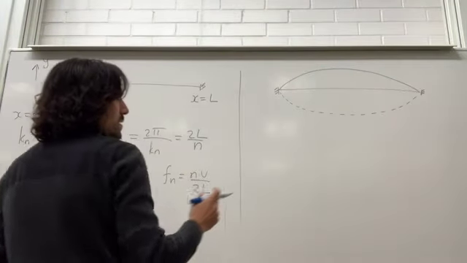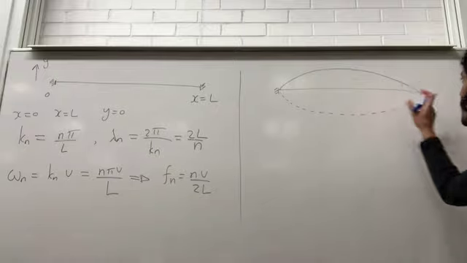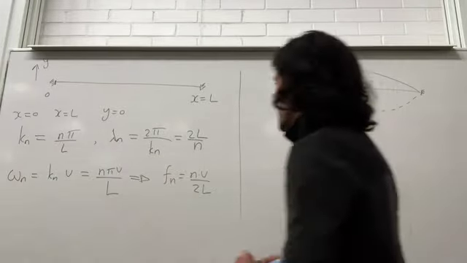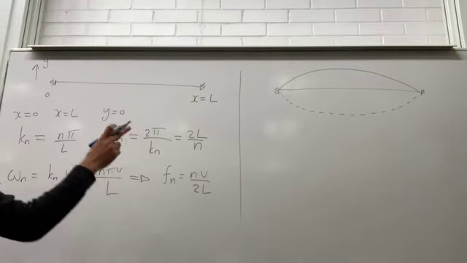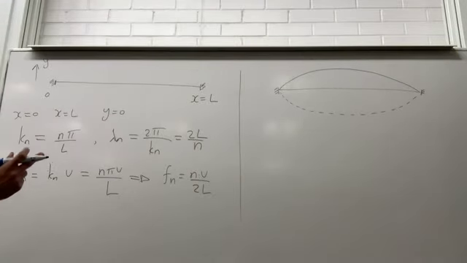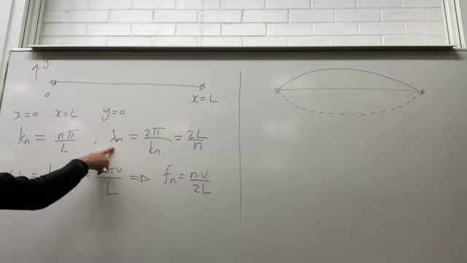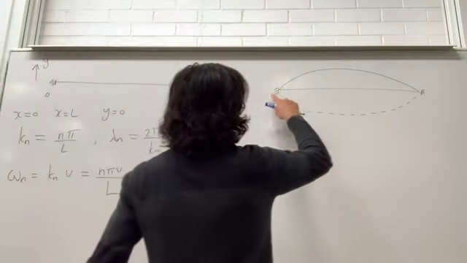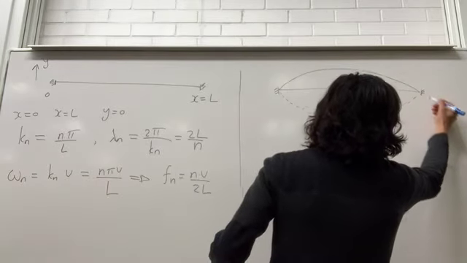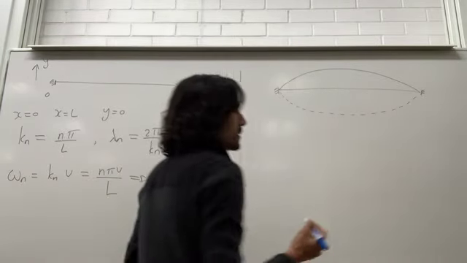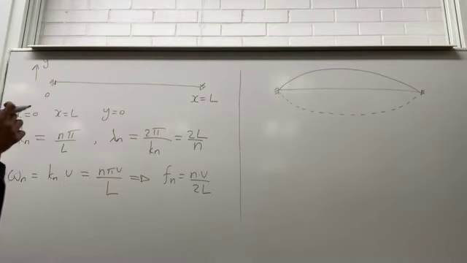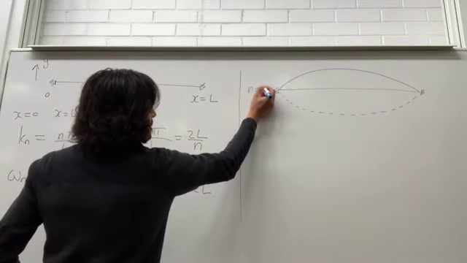This is the peak. So you see that we need two. This is half of the wavelength, right? And the wavelength for the first mode is 2L. This is only half, right? There's another half there, and that would give the whole wavelength. Okay, so this is for n equals 1.